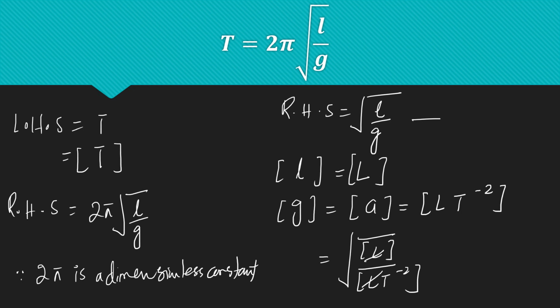So L and L will cancel out. If I take this T on the numerator, it will become T with the plus 2 sign, and the square and the root will cancel out. So the dimension will become T. So the dimension on the left hand side is T, and the dimension on the right hand side is also T. So we have proved the homogeneity of this equation.